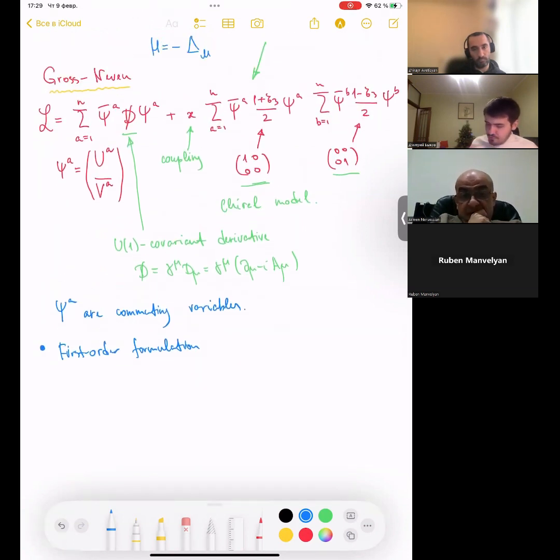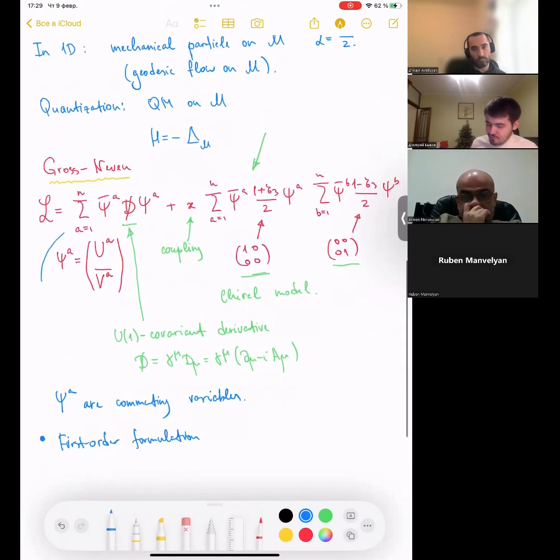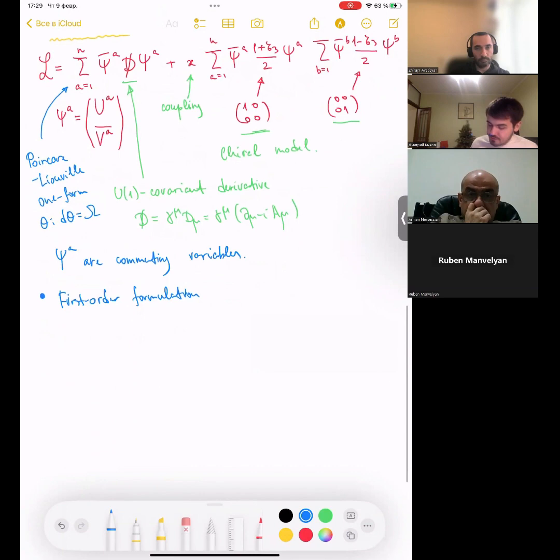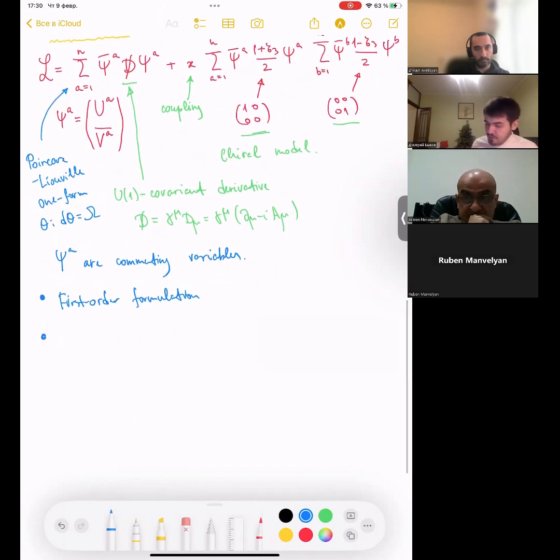So the first term could be interpreted as a Poincaré-Liouville form. I will now rewrite it in UV coordinates, so it will be more clear. So the Poincaré-Liouville form theta is such that its derivative is omega, the symplectic form. So it's a first order formulation plus the fact that you write everything in homogeneous coordinates.